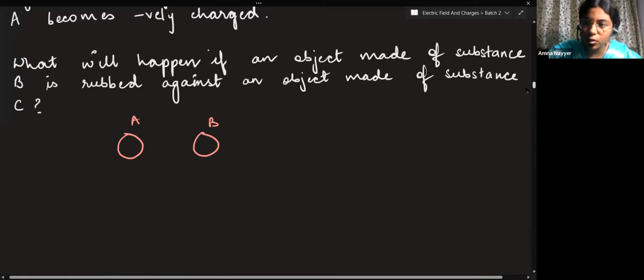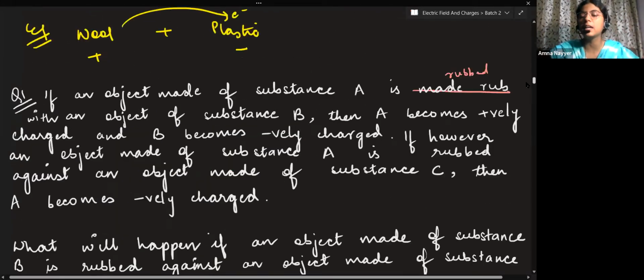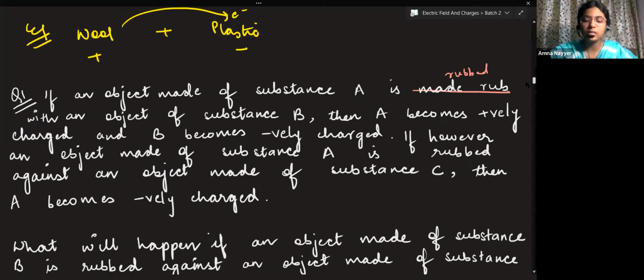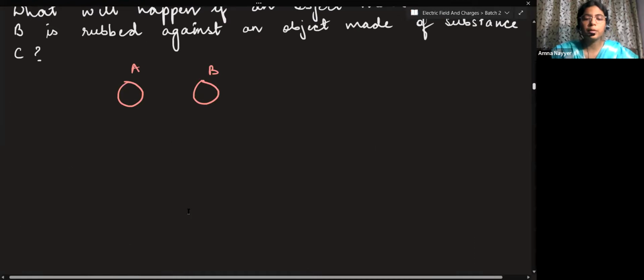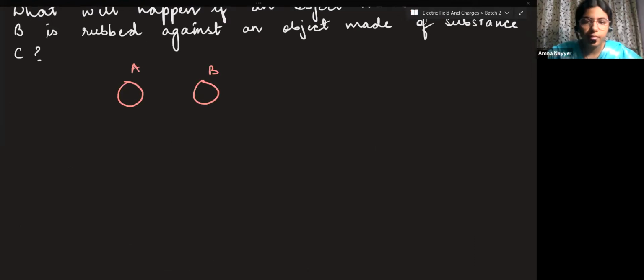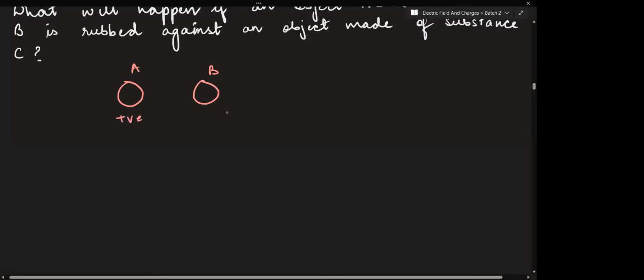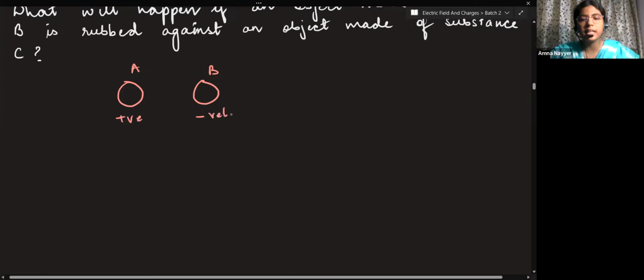The question has already given us that after rubbing, A becomes positively charged and B becomes negatively charged. Correct, Sheen, your answer is right. A becomes positively charged and B becomes negatively charged.